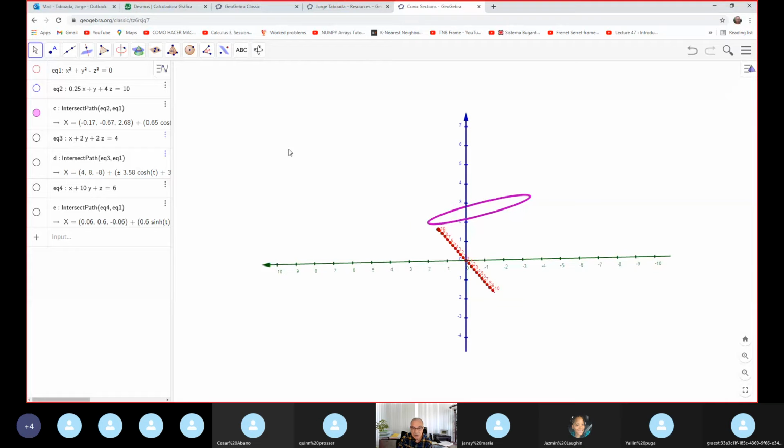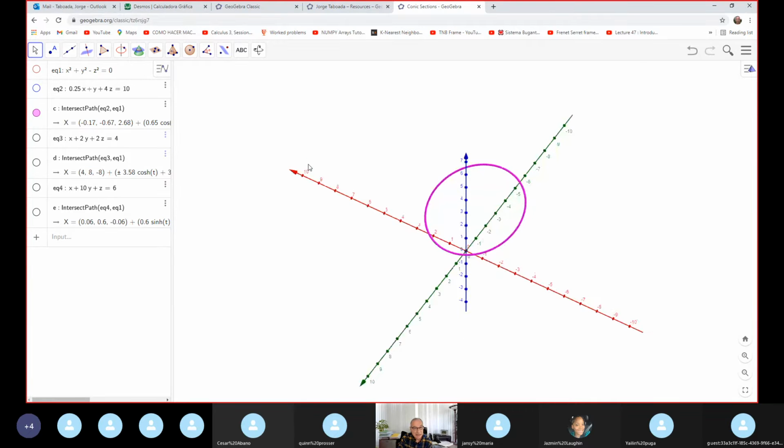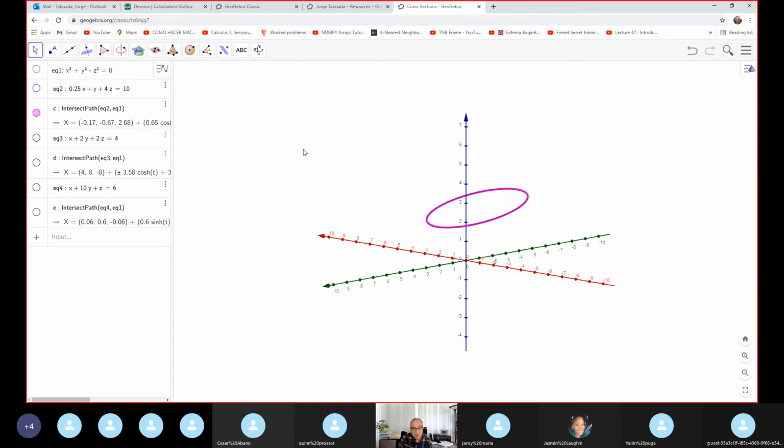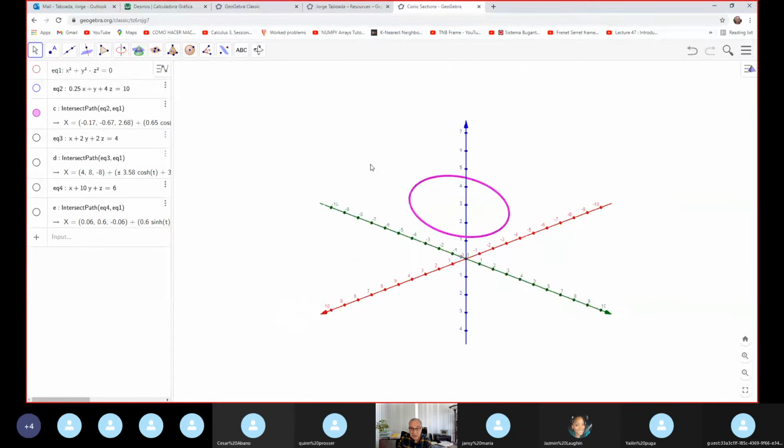The ellipse in 3D or in 2D, that doesn't matter, is the intersection of the double cone and the plane. And the important thing is one specific angle, because the cone has its own angle. You see, the angle of the intersection is less than the angle of the cone for the ellipse.